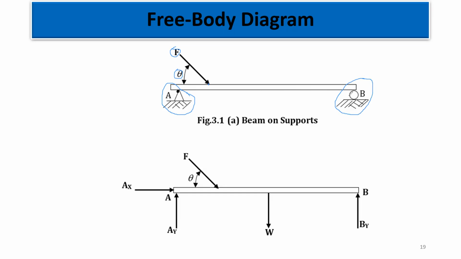So the beam is being supported by this pin and then the other support. The moment you see a knife edge shape, we say that is called a pin support. The moment you see a circle, we say this is a roller support.